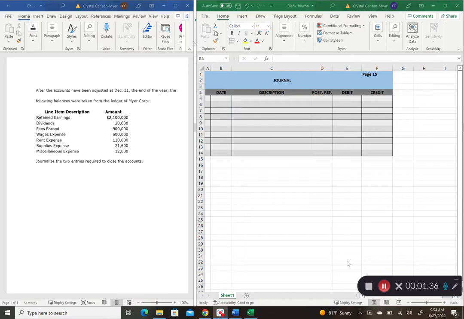The reason why we do this is so that we can have comparability from year to year. On your income statement, that is where you show your net income, and you want to know what your net income is year to year. If you haven't closed out those accounts, you could be showing revenues and expenses that you incurred last year.